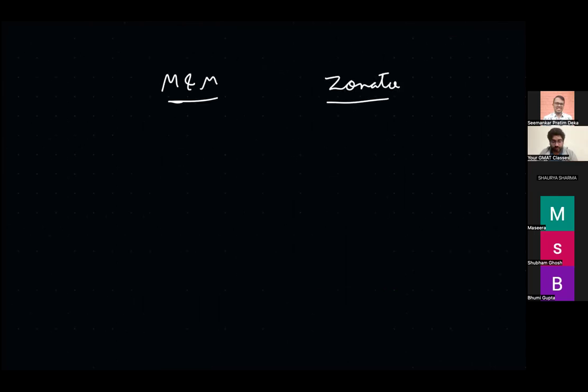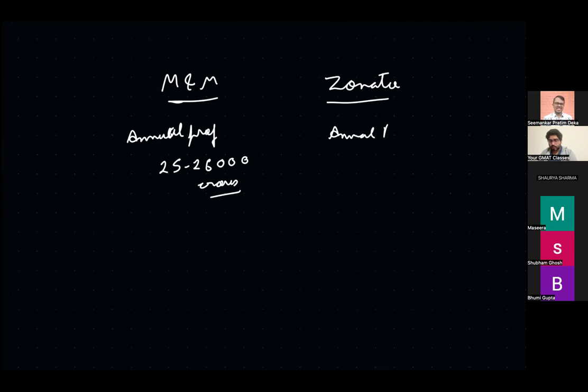Now the problem is that M&M will have an annual profit of somewhere 25 to 26,000 crores and Zomato will have an annual profit of 60 to 100 crores. Does that mean, class, that M&M is a better investment as compared to Zomato? Can I decide that by just this number? No, I can't, right? So what should I do?